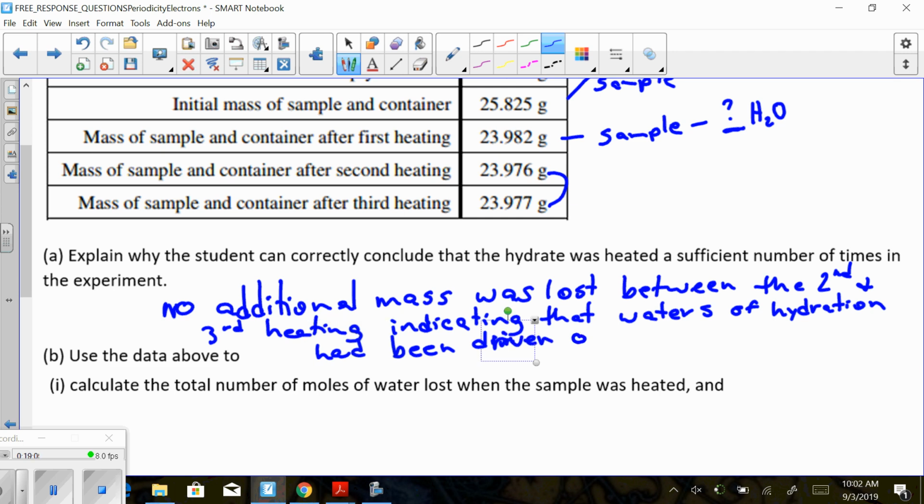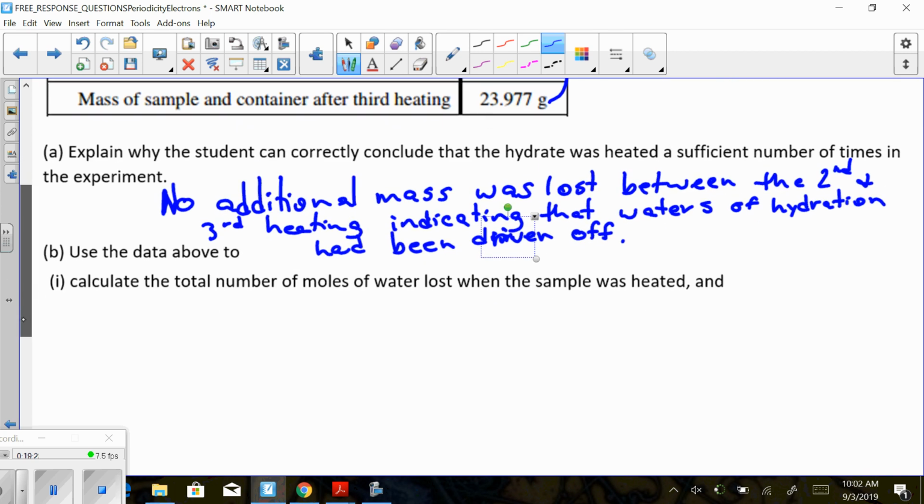Driven off. Okay, so if we look at that, that kind of makes sense, doesn't it? So that's explaining that lab technique.